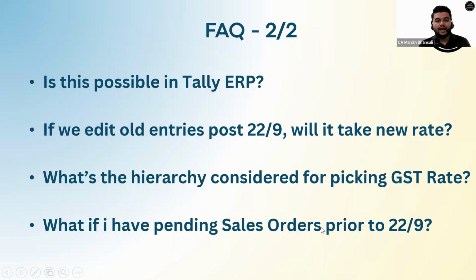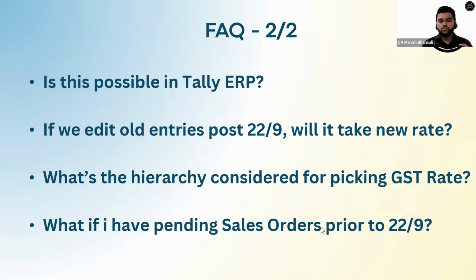Next question is, what if I have a pending sales order prior to 22nd of September? No problems, your sales orders will remain as they were. But when you convert it to a sales invoice after 22nd of September, it will automatically take the new rates. So you do not have to worry.